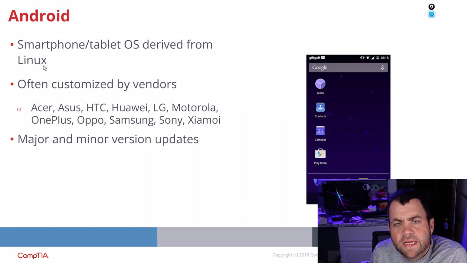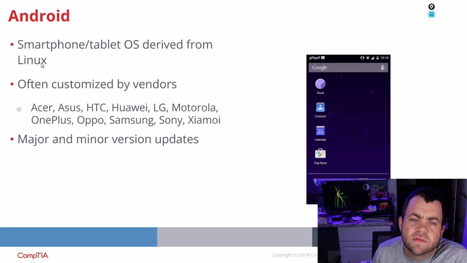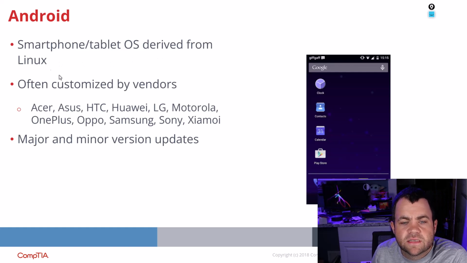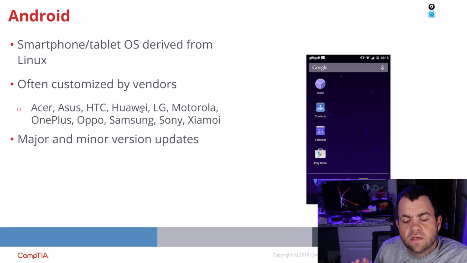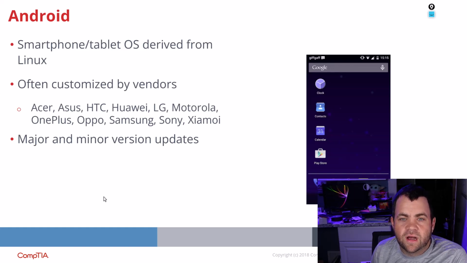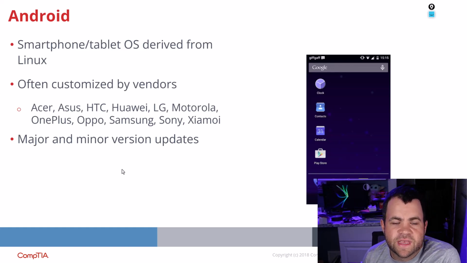Android is also a Linux-based operating system in that it is derived from Linux. It allows these different vendors to customize the interface and how the device is used because it is open source, so they can develop their own software and put it on top, whereas there weren't really other options out there. Gosh, I want to say at Best Buy when the first Android devices came out, at that time we had Palm, BlackBerry, Windows.